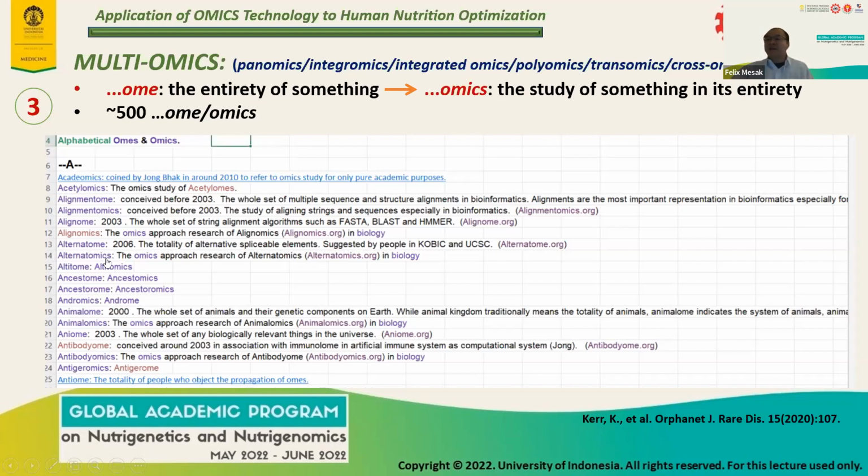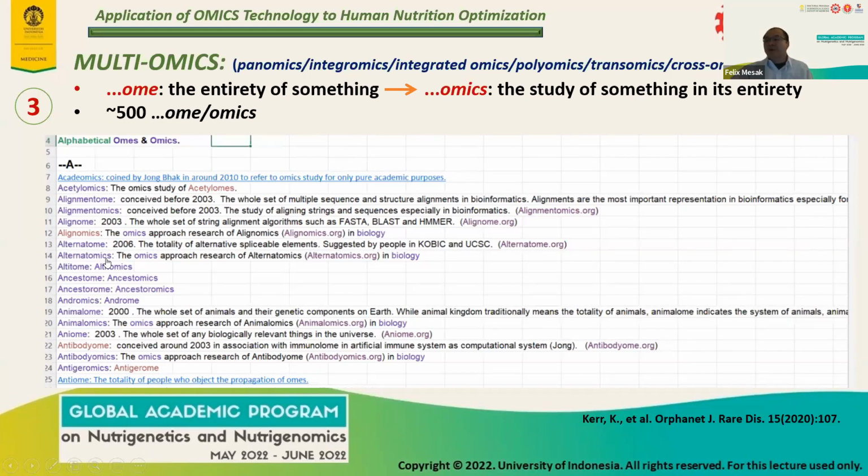The term omics stems from the suffix om, added to many fields of biological study, which refers to the study of something in its entirety. There are estimated to be over 500 omic types. As you can see here in the list of a variety of oms and omics you may never have heard before.